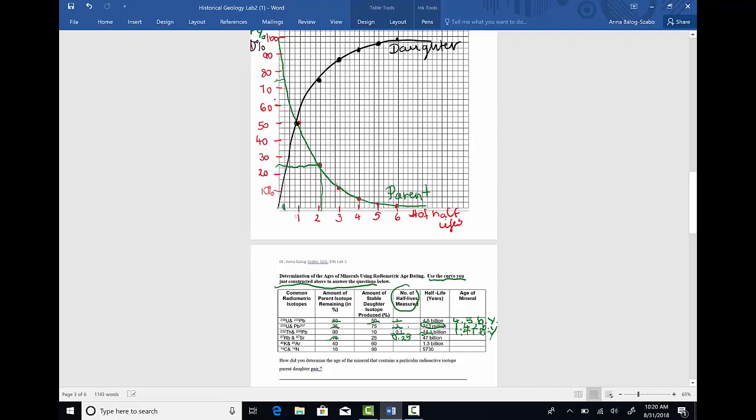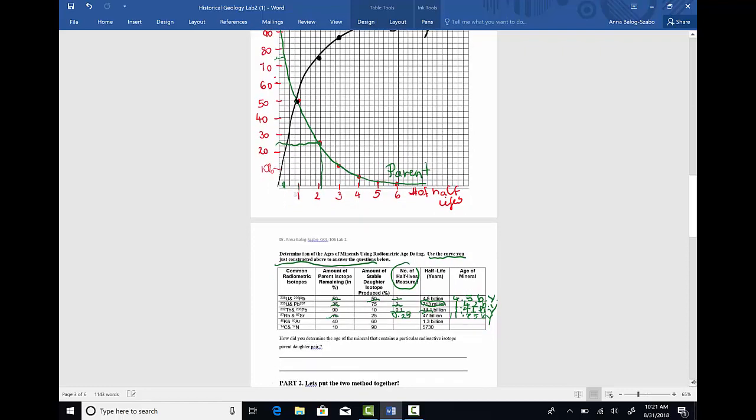And 0.25 times 47 billion is equal to 11.75 billion. And then you can do the last two. It's easy. I hope you understand, it's not too hard.